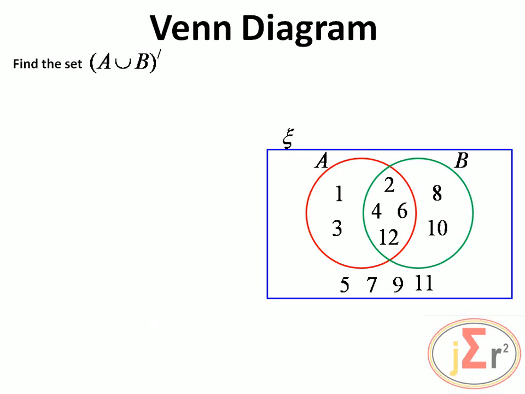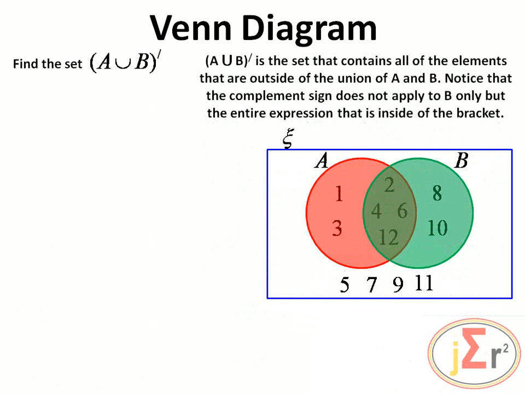Find the set A union B all complement. A union B all complement is a set that contains all of the elements that are outside of the union of A and B. Notice that the complement sign does not apply to B only, but the entire expression that is inside of the bracket. So we have A union B and the entire thing enclosed in brackets complement.